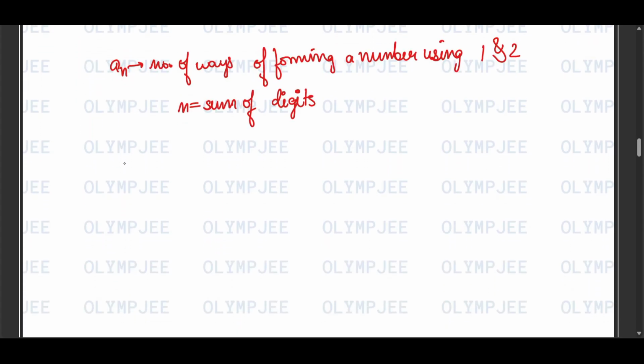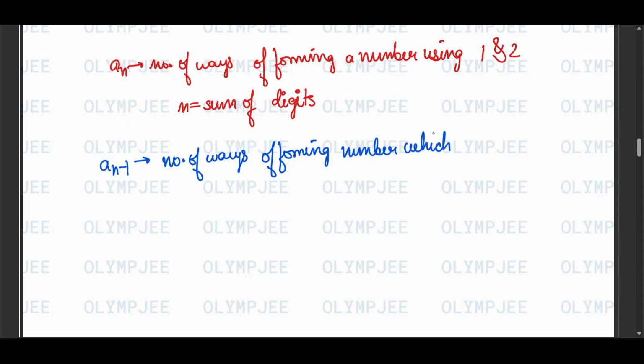So assume that an minus 1 is the number of ways of forming a number which has sum of digits as n minus 1.